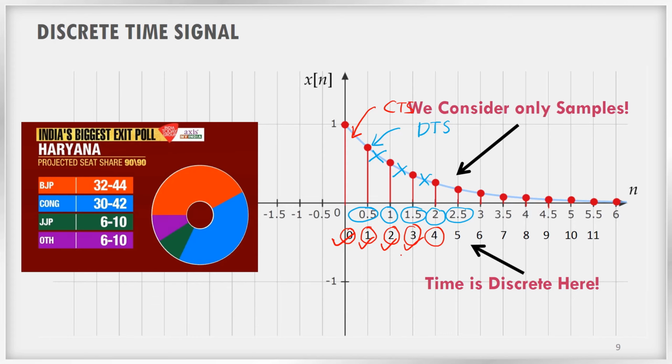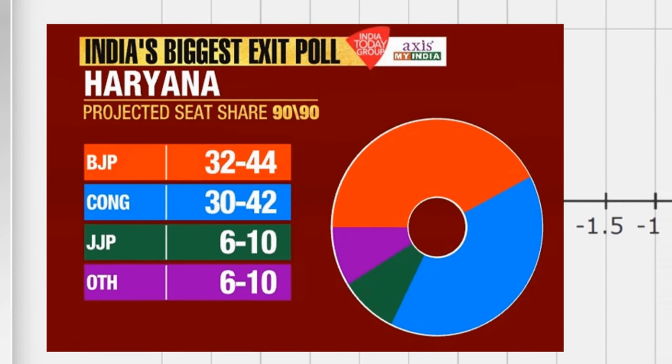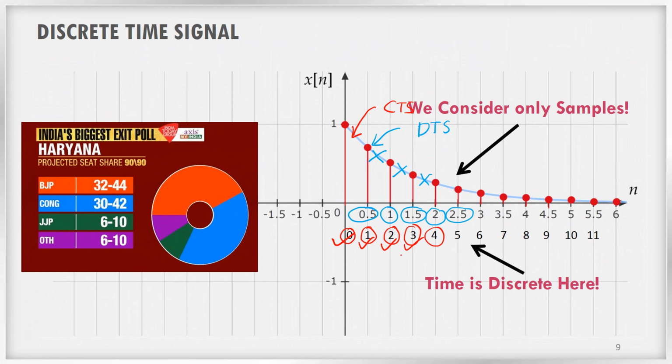So why is sampling required? For example, you might have seen exit polls on television during elections. Does that mean these TV channels will go to each and every individual in the country and ask to whom they have voted? No. They will select a particular sample of people. From their opinion, they create a trend and project it as the result.